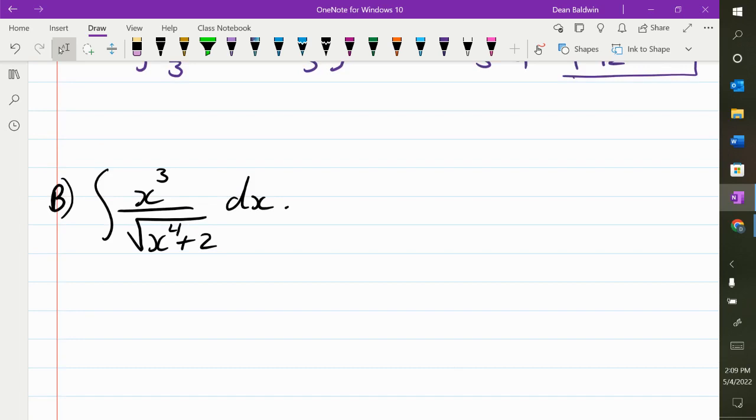Exactly. So do you think you can do this one? I'll freeze it, and we'll see if we get to the same spot. u is x to the 4 plus 2. Yes. Yes, it is. Really? I know it looks like it, but that's the next step that we're going to talk about. Oh, okay.